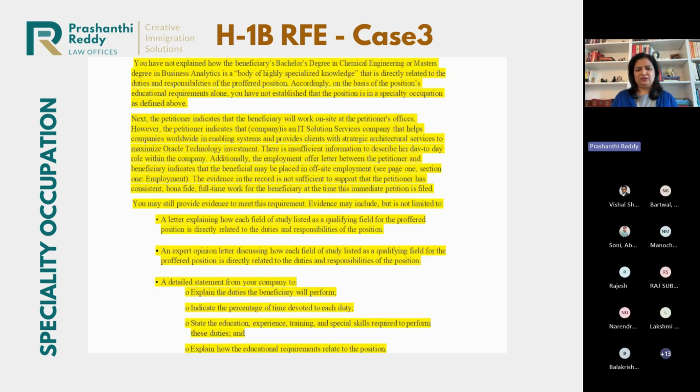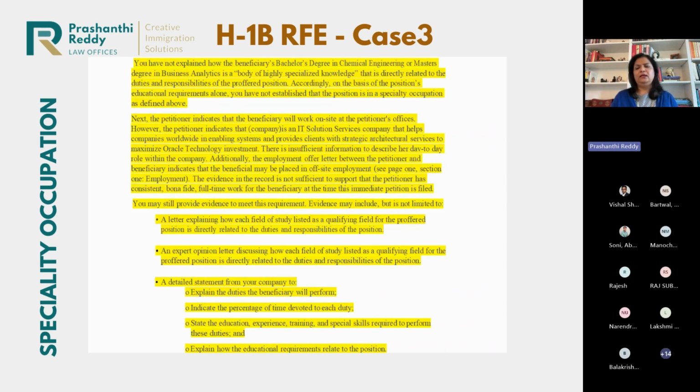But if you don't want to get a specialty occupation RFE, number one, make sure you choose a position that USCIS is very familiar with and where it's very easy to show that a bachelor's degree is required. Usually you would go to the Occupational Outlook Handbook, which is a Labor Department book available online on Google.